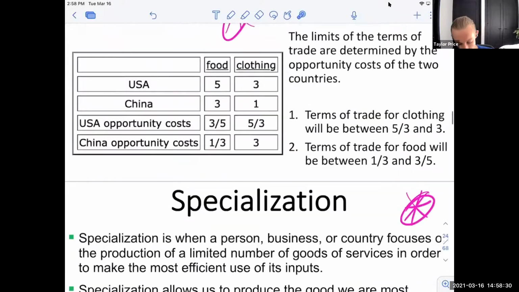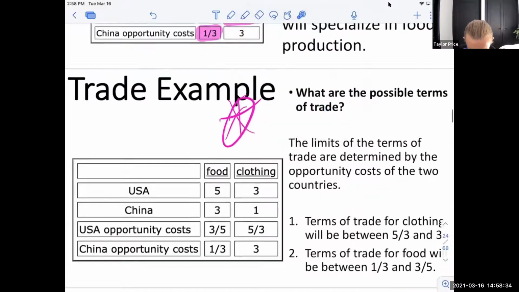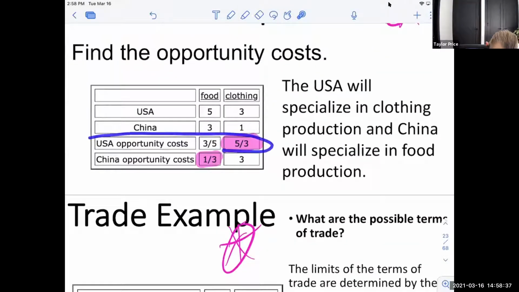In the prior example, we saw that the US was best at producing clothing, so the US was going to specialize in clothing. And China was best in food production, so China was going to specialize in food production. That's all we're saying with specialization: the countries are going to specialize in the production of the good for which they have the lowest opportunity cost compared to the other country.